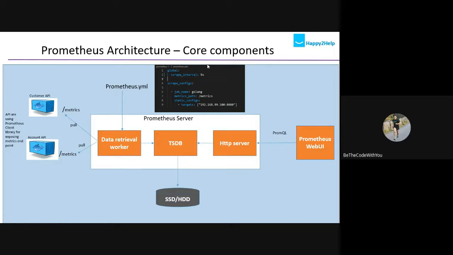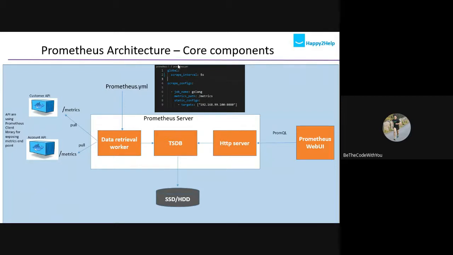There is a global config with a scrape interval of 5 seconds, so it will scrape the metrics from the targets every 5 seconds. You can override the setting with the job name. Here the job name is Golang, with the metrics path and static config. This is static config at the moment, where the target is this. It will hit this target, go to that endpoint every 5 seconds.